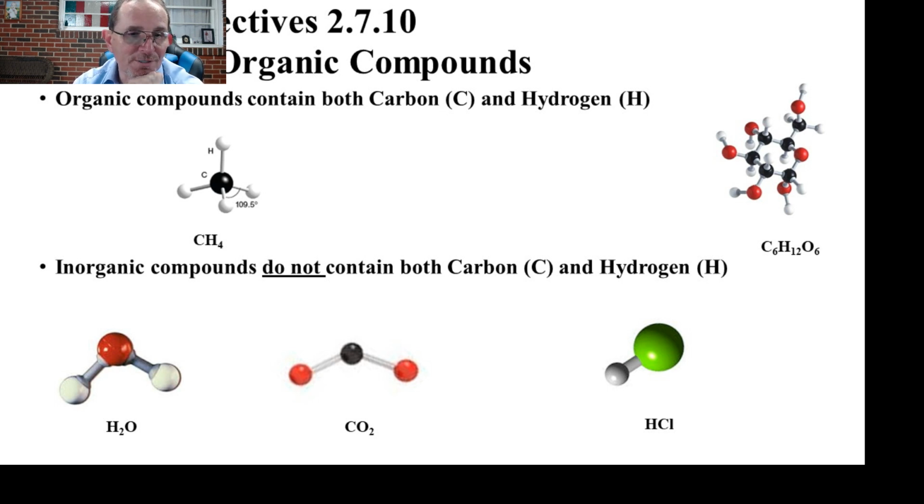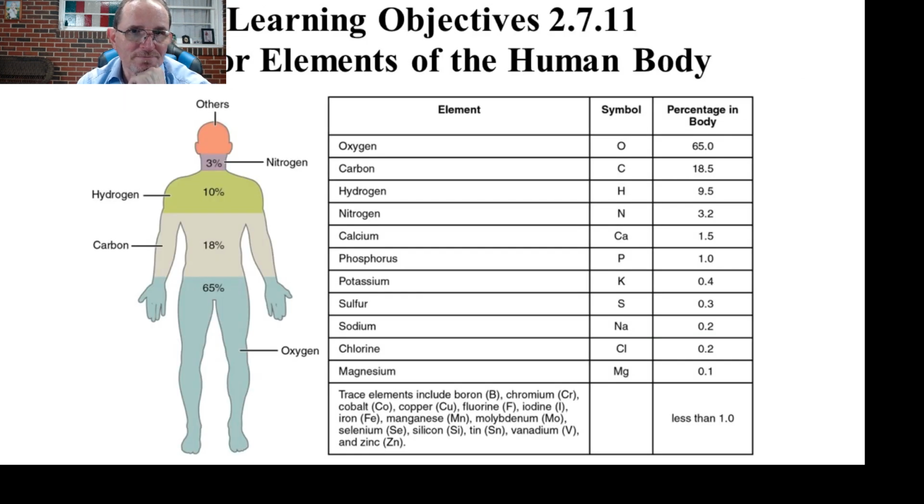These guys, that's water, has hydrogen but no carbon, so it's not organic. This has carbon and oxygen but no hydrogen. So that's your definition for organic: carbon and hydrogen.